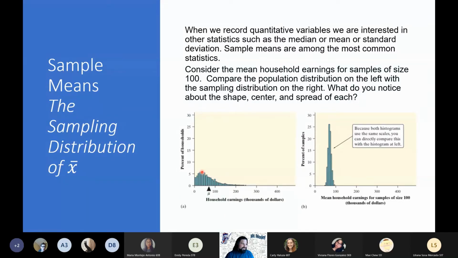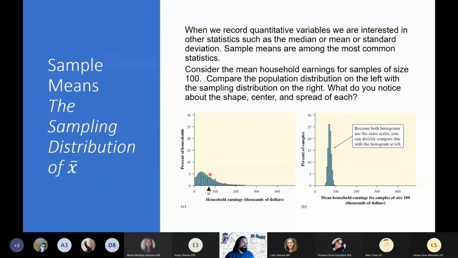Well, we can see on the left here, this population distribution is skewed to the right, and it has a center, or mean household earning, as a guess, maybe around 75,000 or 80,000, give or take. I'm not entirely sure what value that is.